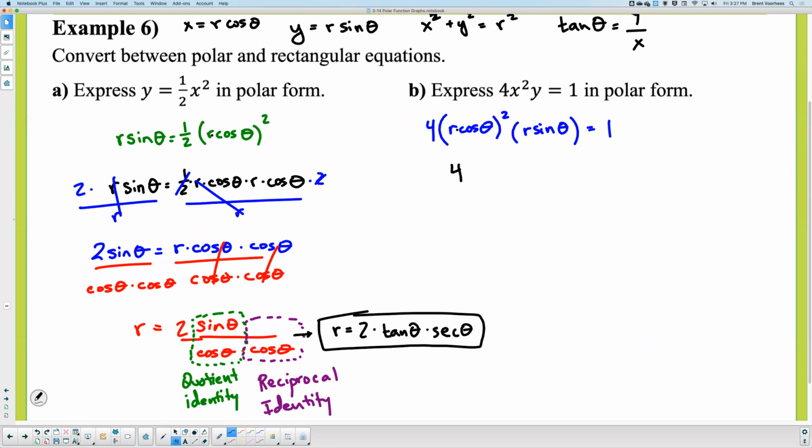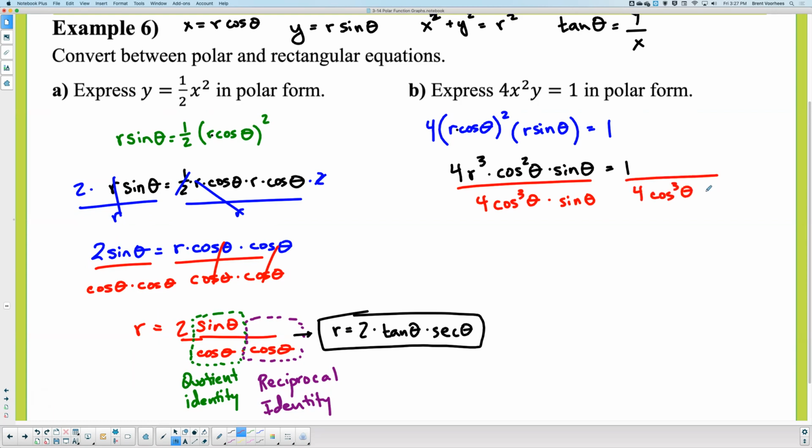So this will be 4, and this will be an r squared times another r. It'll be 4r cubed times a cosine squared, or you could do cosine times cosine, times a sine theta equals 1. Again, I want to isolate this r. So I'm going to divide by 4 cosine cubed times sine.